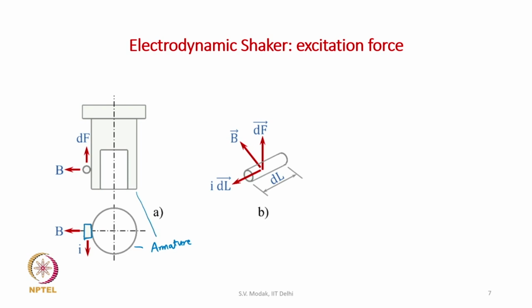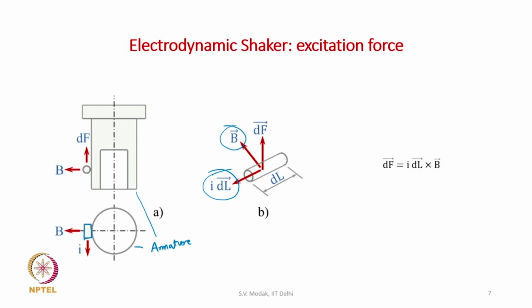Since the current is passing through the coil, this is the current vector, and the magnetic field intersects the coil. B is the magnetic field vector, and we can see that the magnetic field vector is perpendicular to the current vector. In part B of the figure, we have the current element I dl as a vector, and the magnetic field vector B, and they are perpendicular.